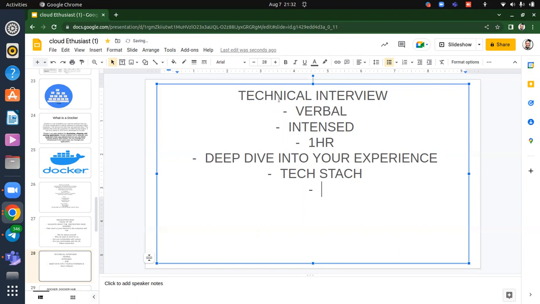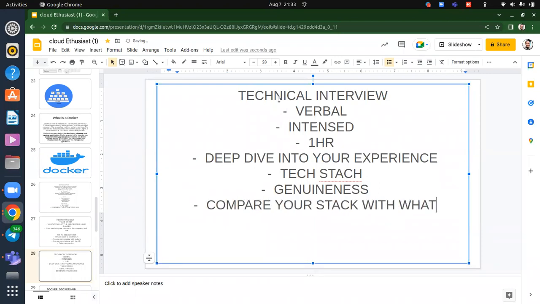Then they will also want to know your familiarity, your genuineness. And they will compare your stack with what they are using.